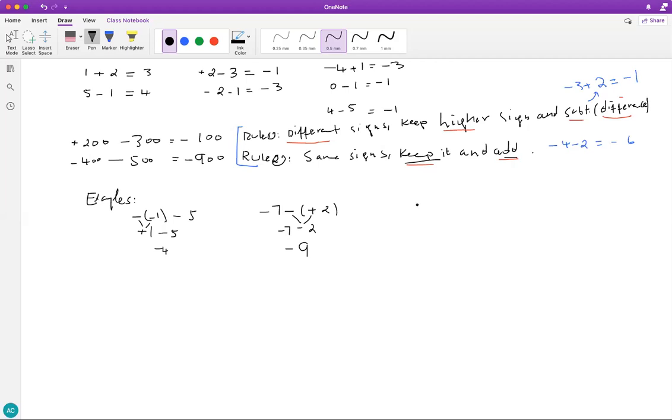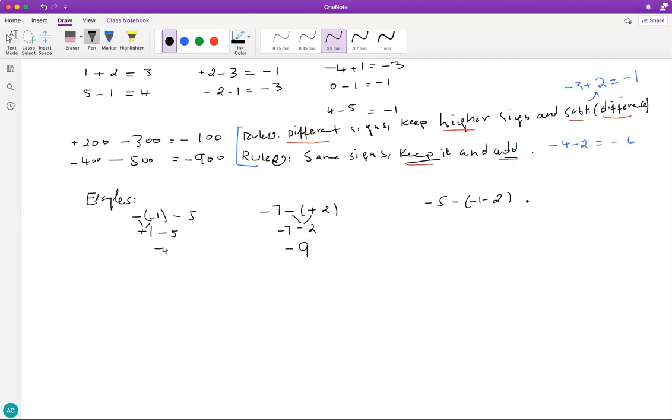One more, let's say -2 minus 5, and let's turn this into minus (-1 minus 2). So think about the order of operations here, and let's simplify this whole thing.